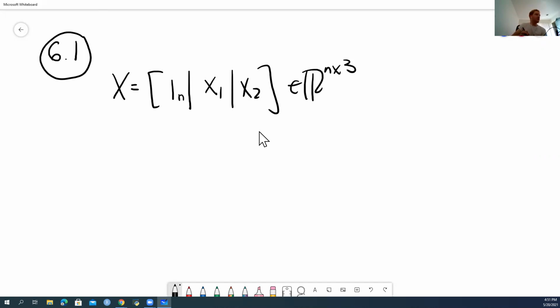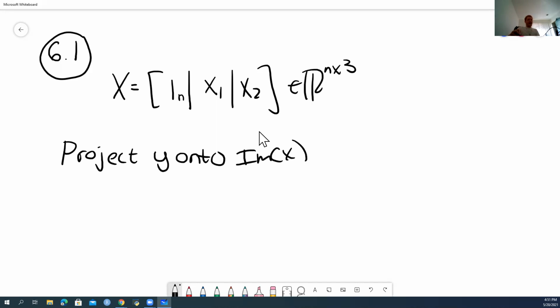And so we assume that we project y onto the span of x, or the image of x, and then we get x2 minus 3x1, okay?